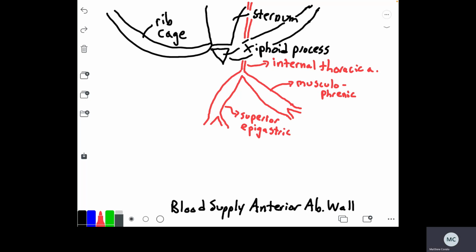The other structure that we're going to draw in here, and we're going to draw this very quickly and easily, is a very quick representation of the inguinal canal, because this is going to be another huge marker. This is going to be one of those big borders that's going to end up causing structures to change names.